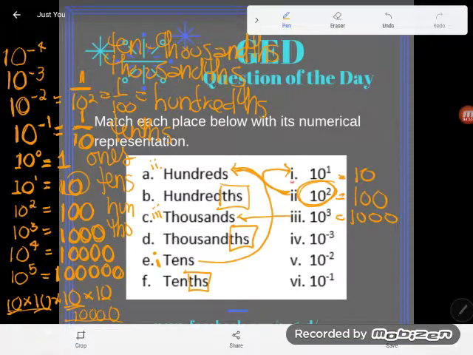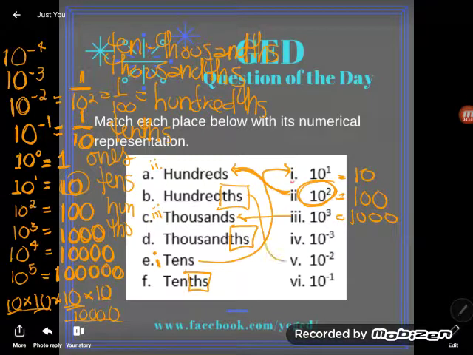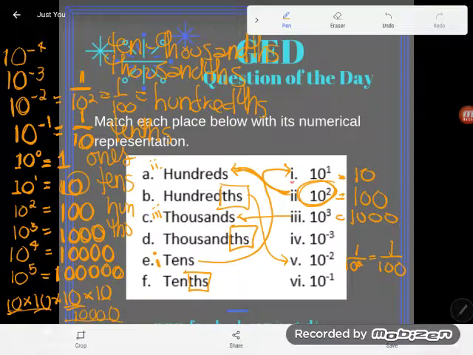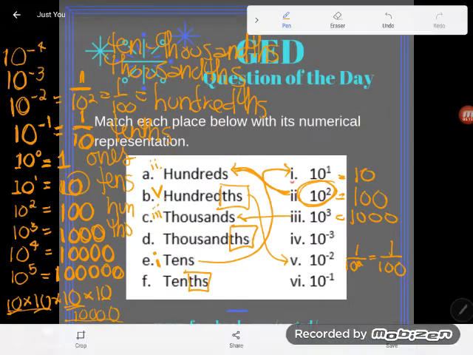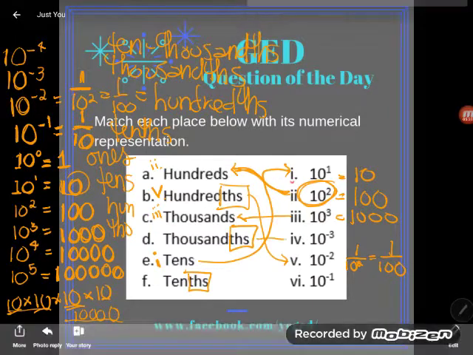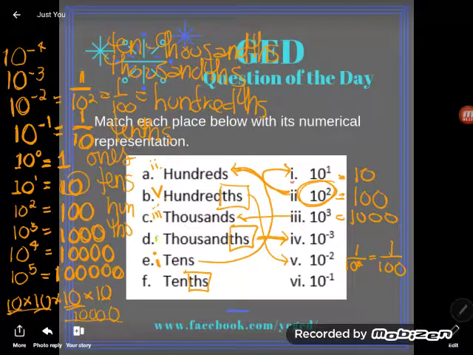Therefore, hundredths has got to be 10 to the negative second power, which of course is 1 over 10 squared, or 100ths. Okay, and so let's see, B matches with 5. Same thing with thousandths. Thousandths would be similar to thousands, but the exponent would be negative. So if thousands is 10 to the third power, thousandths is 10 to the negative third power. D matches with 4.